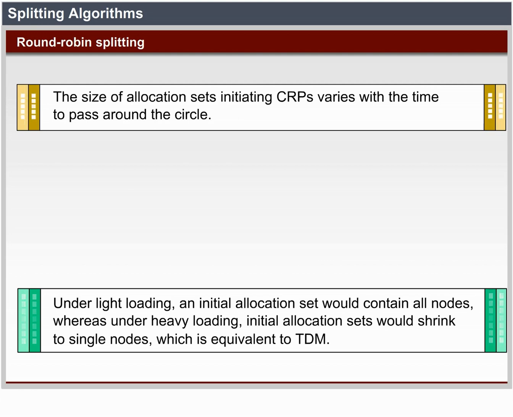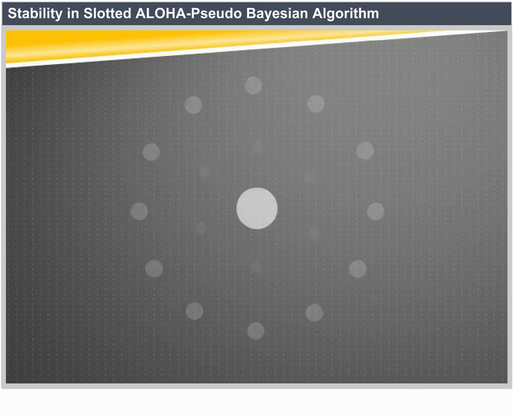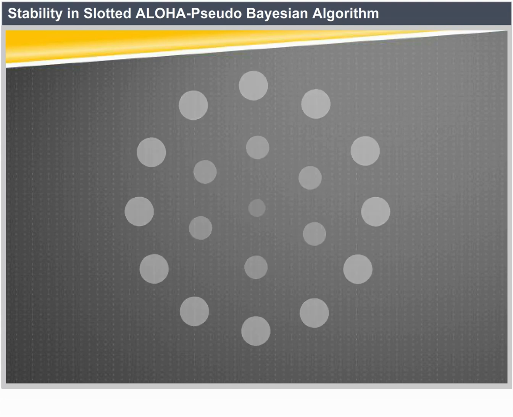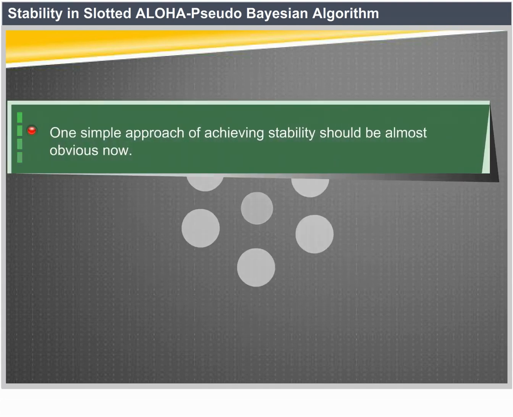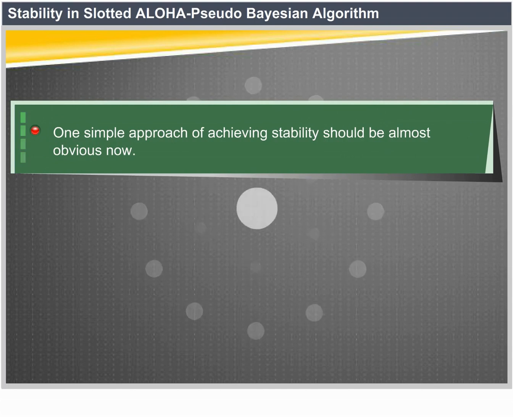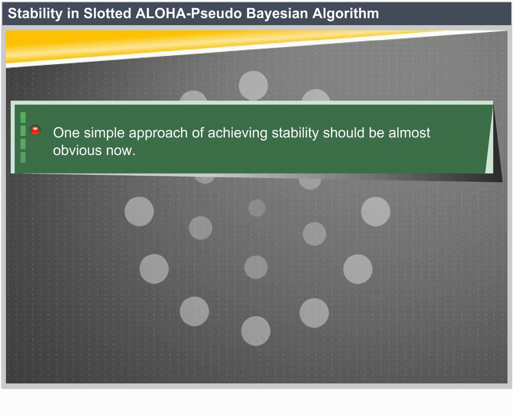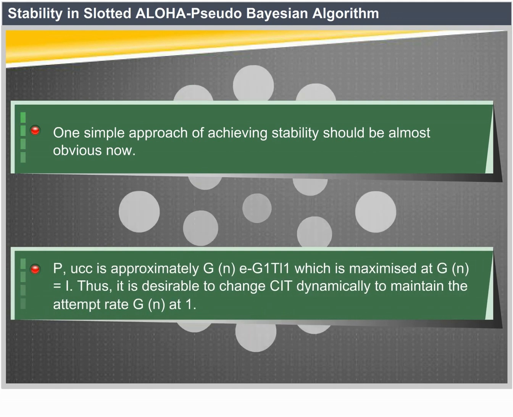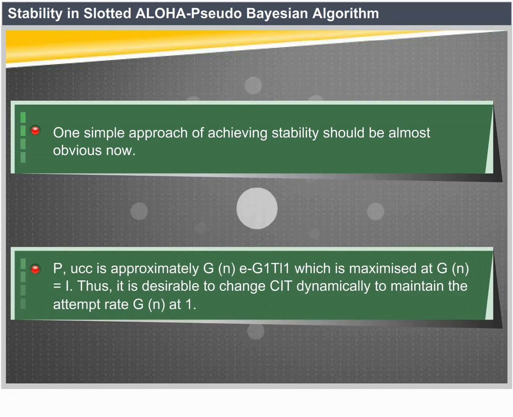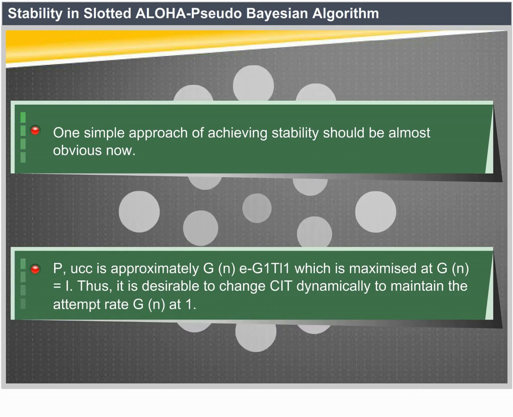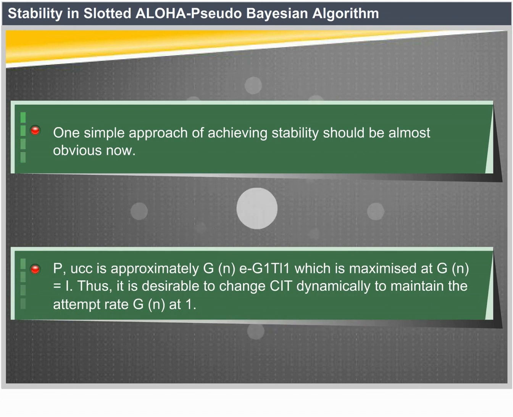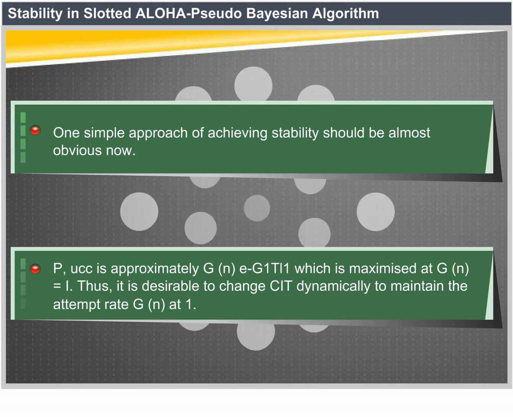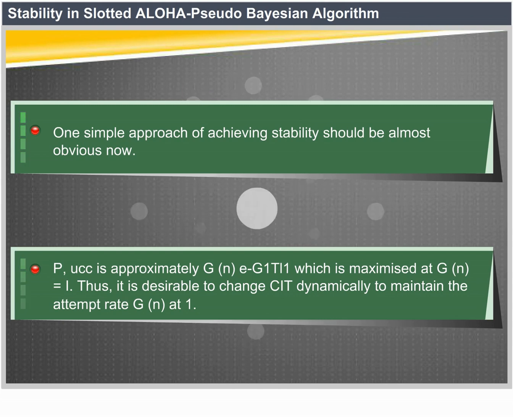Stability in slotted Aloha: the pseudo-Bayesian algorithm. One simple approach to achieving stability should be almost obvious now. The probability of success is approximately g(n) e to the power minus g(n), which is maximized at g(n) equal to 1. Thus, it is desirable to change q_r dynamically to maintain the attempt rate g(n) at 1.